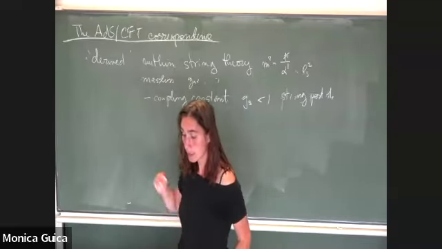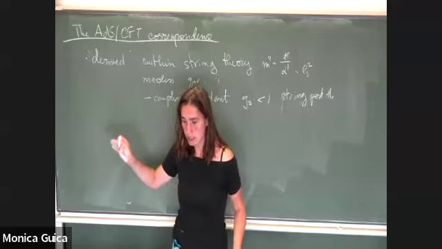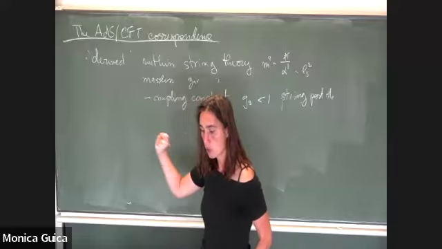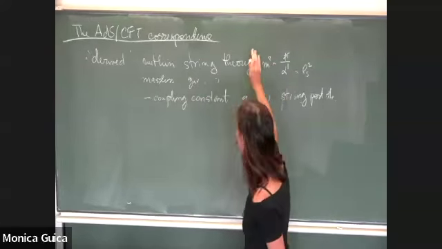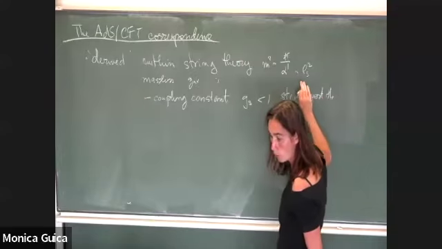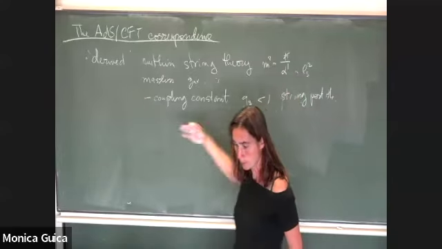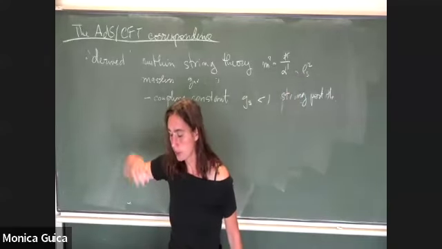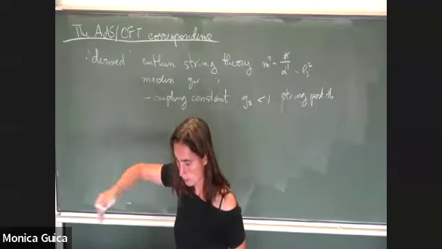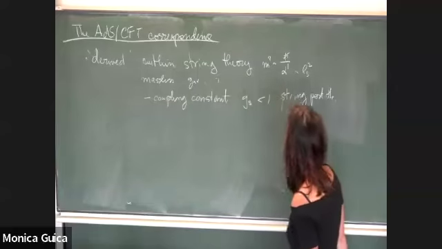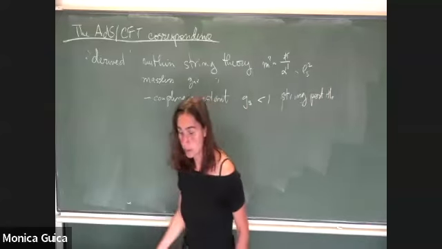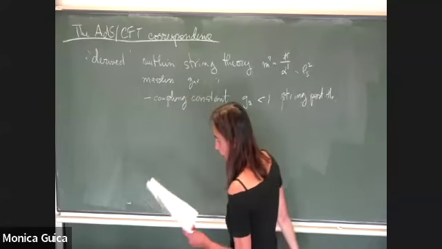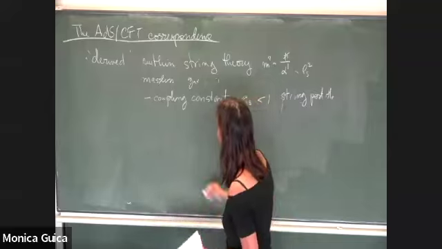String theory is better than, say, classical gravity, in the sense that you have a description of this entire tower of states, so you can do more. You can go to energy scales of order 1 over alpha prime and still say something, and the theory has a lot of nice properties. It resolves divergences and so on. However, you don't have a non-perturbative definition of the theory.